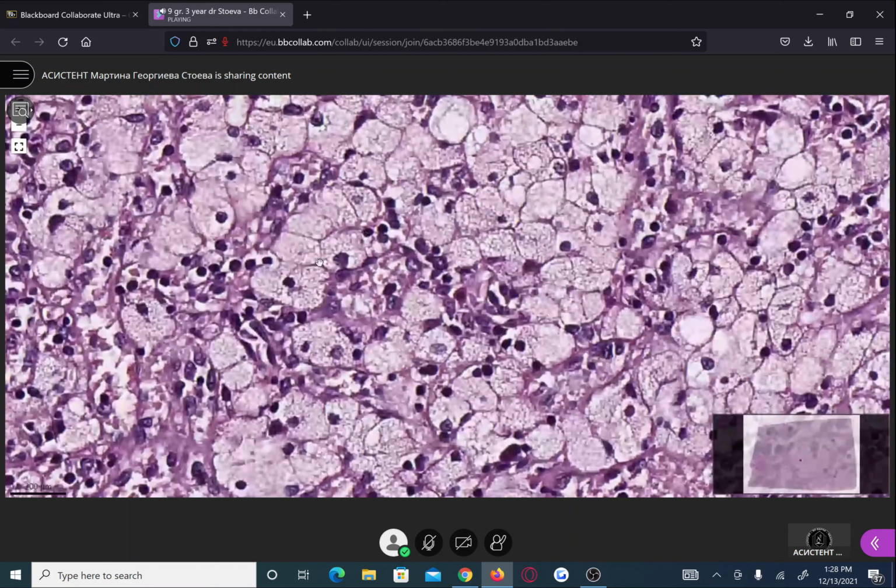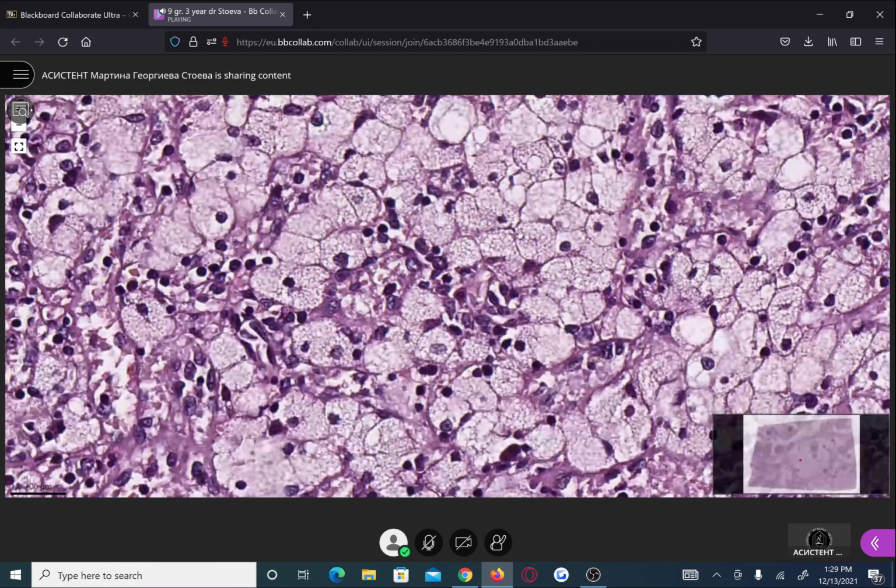You can see these small droplets in the cytoplasm. If you make the diagnosis Gaucher disease, you'll be asked, so these macrophages are abnormal findings. There shouldn't be so many foamy macrophages within the red pulp of the spleen.